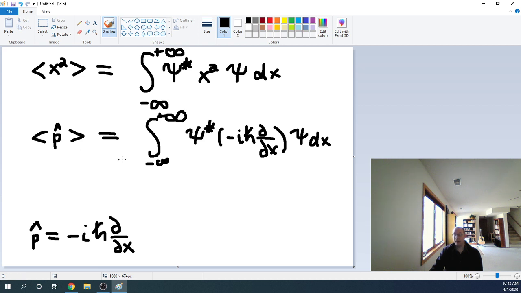And once I complete that integral, I would get the expectation value of the momentum of the particle that has a wave function given by psi.